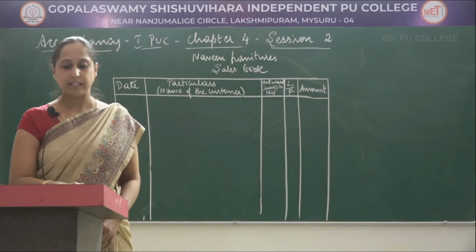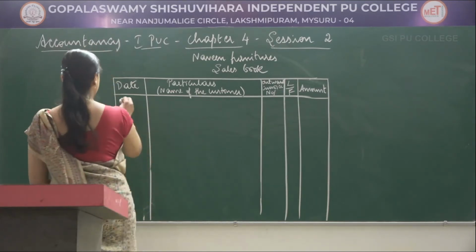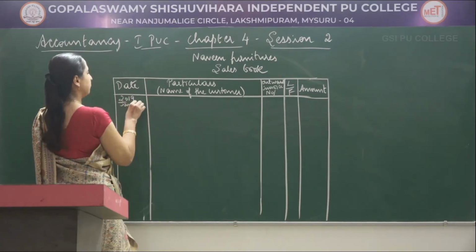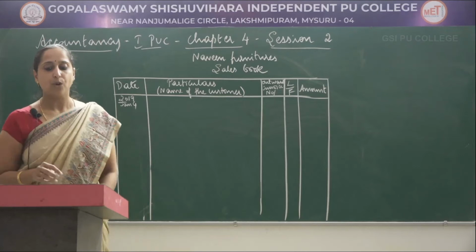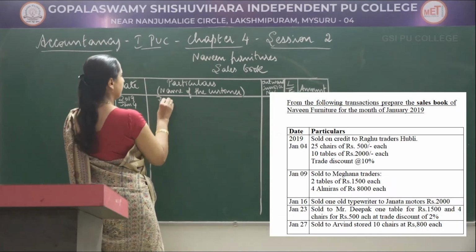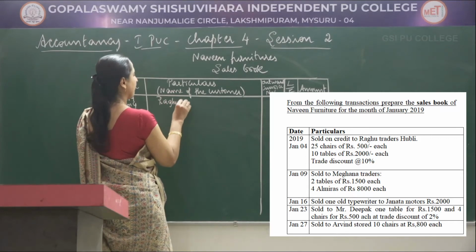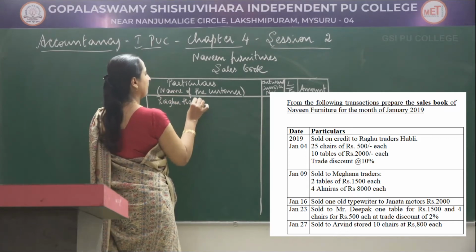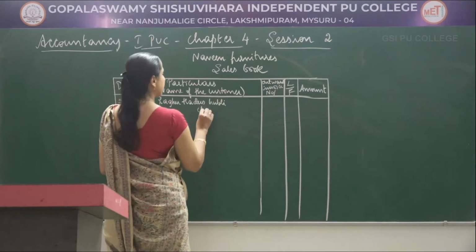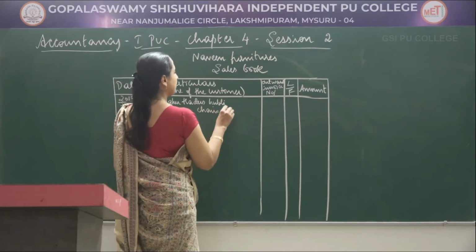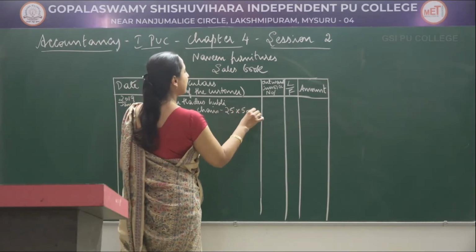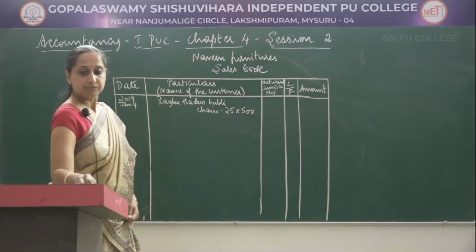So in the problem, they have given on 2019 January 4th, sold on credit to Raghu Traders, Hubli, 25 chairs at rupees 500 each.